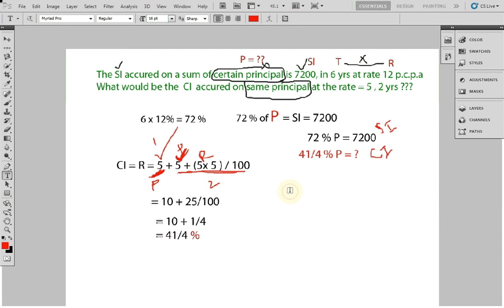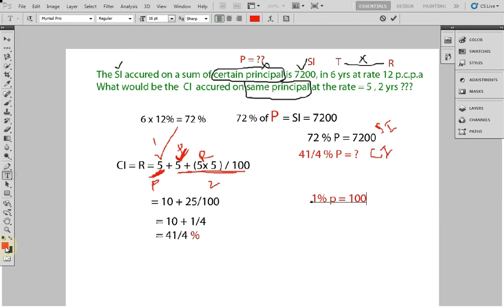That's nothing but we can write it as 72. Okay, fine. 72% of P can also be written as 1% of P equals 100. 1% of P equals 100.